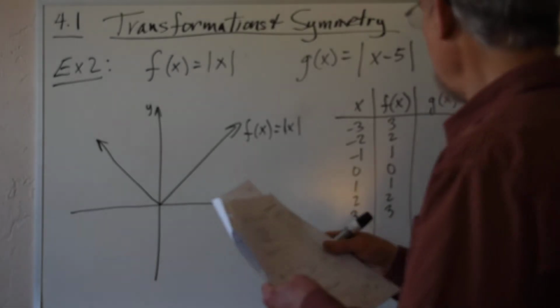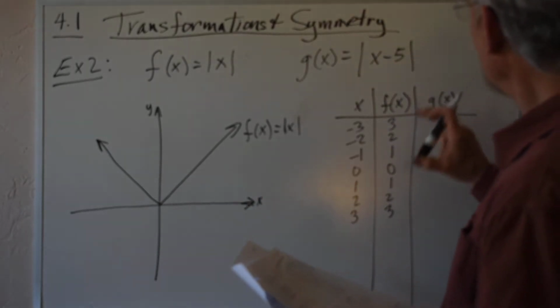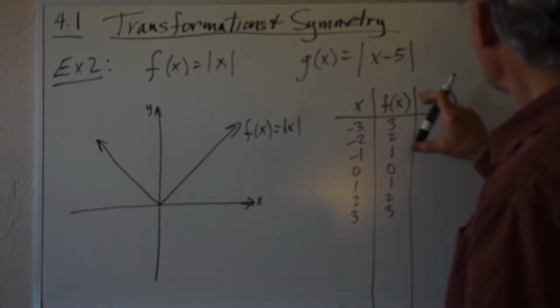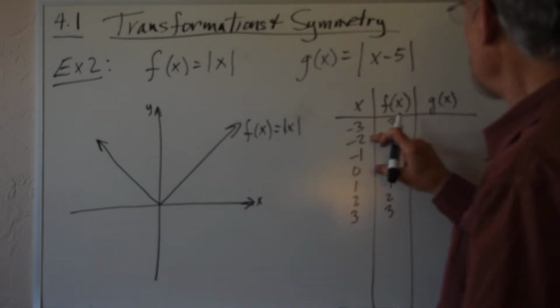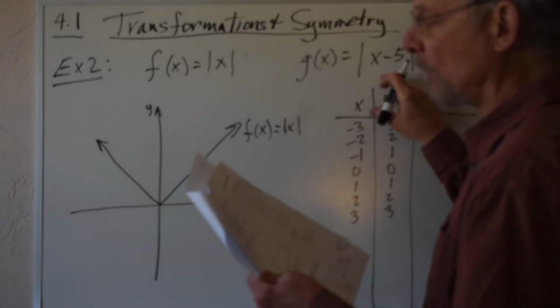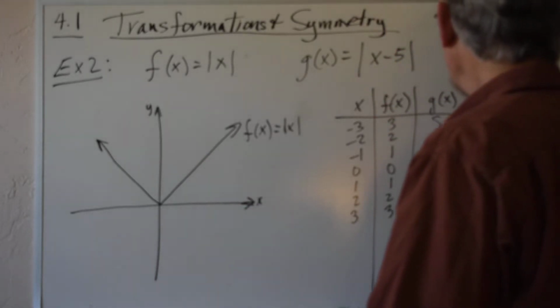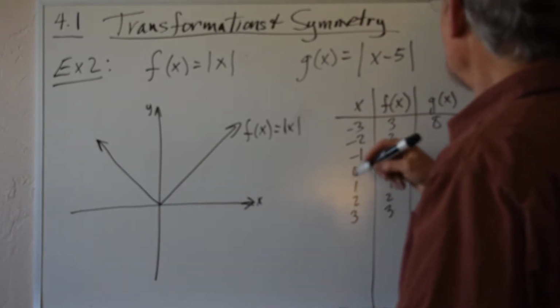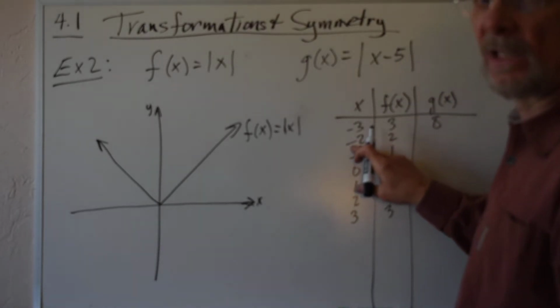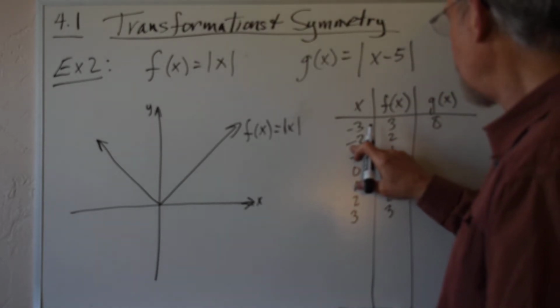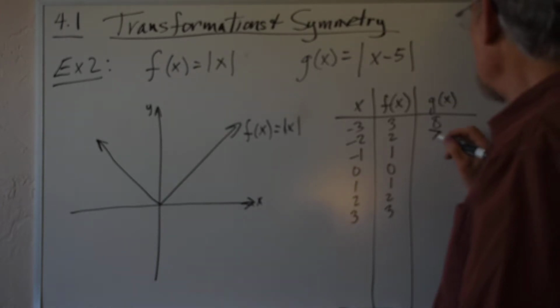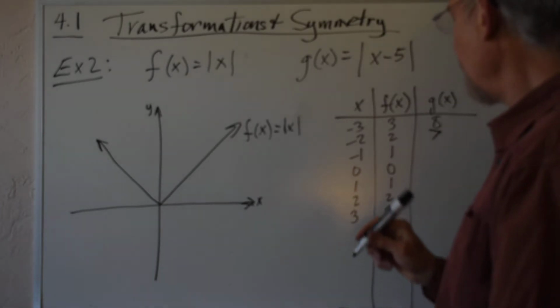What do we get for g of x? Well, first you're going to subtract 5 from this negative 3, so you get negative 8. The absolute value of negative 8 is positive 8. Then you're going to subtract that 5 from x equals negative 2, so you get a negative 7. Absolute value of negative 7 is positive 7.